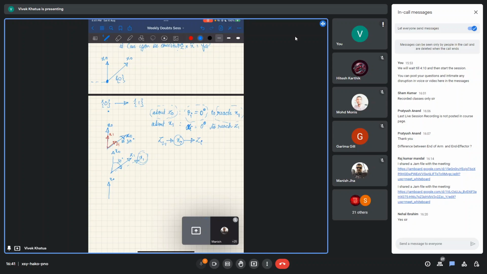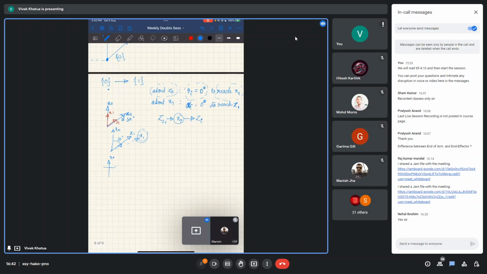Okay, so about x1, if I am rotating 0 degrees, I will reach z1, right? So here you can see that if I rotate about z0 by, let's take alpha, so this will be something.